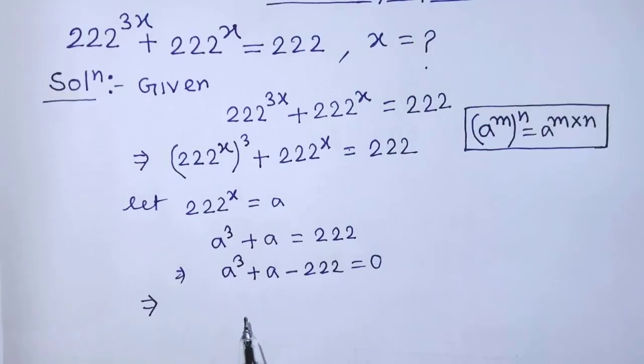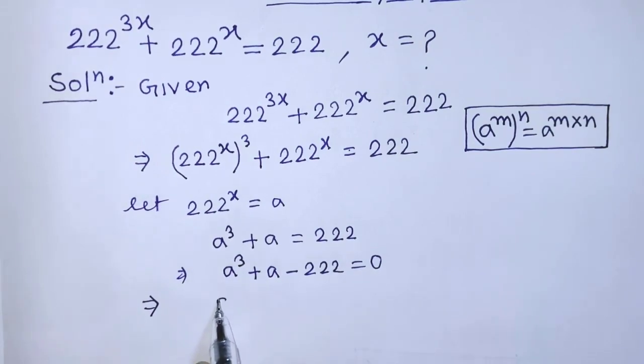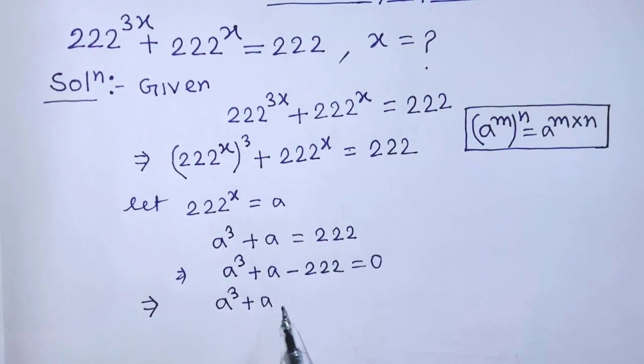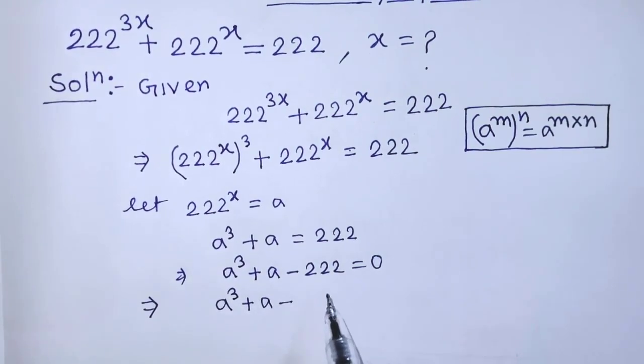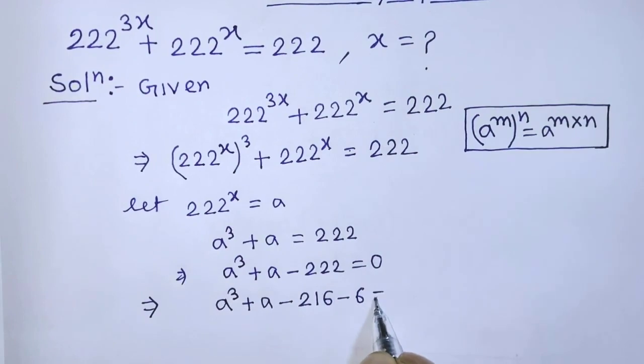After that we can write from the left hand side a^3 + a. In place of minus 222, we can write minus 216 minus 6 is equal to 0.